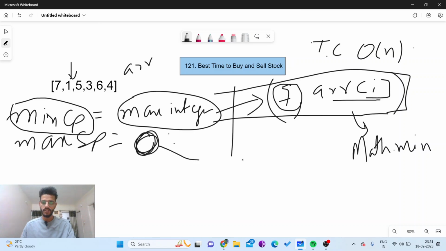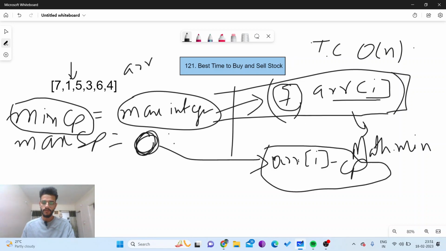Next, maximum selling price. Let's suppose I am purchasing a stock, then what will be the selling price? The selling price will be arr[i] minus the cost price I have. This will be my selling price.